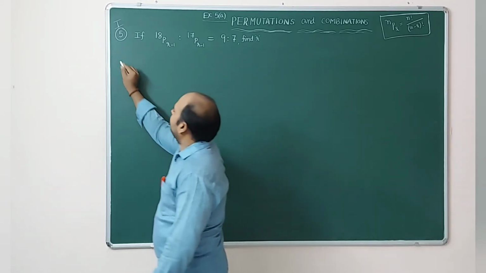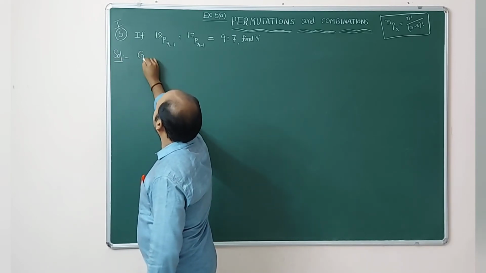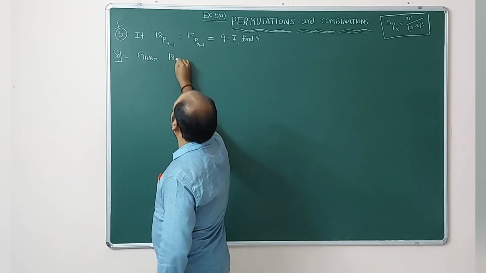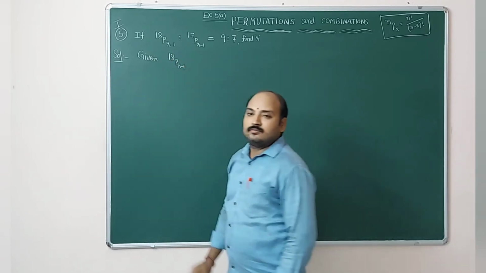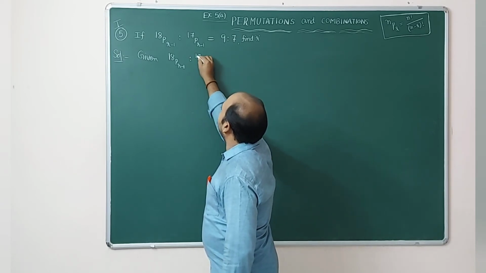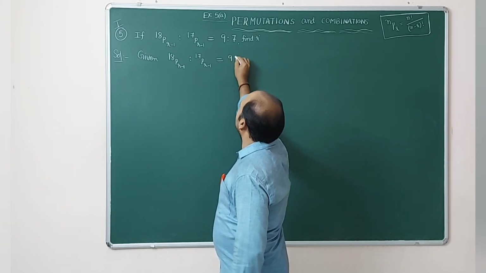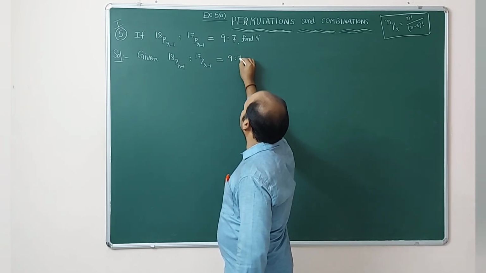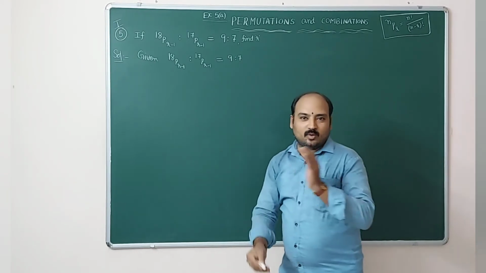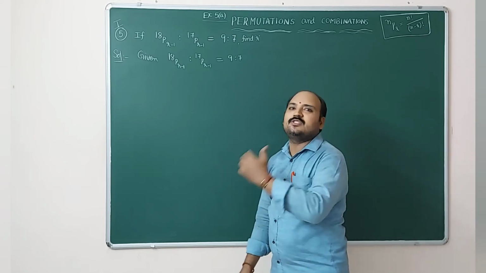So first step given: 18P r minus 1 is to 17P r minus 1 is equal to 9 is to 7. So a is to b equal to c is to d. Again we got the same situation. So a by b equal to c by d.